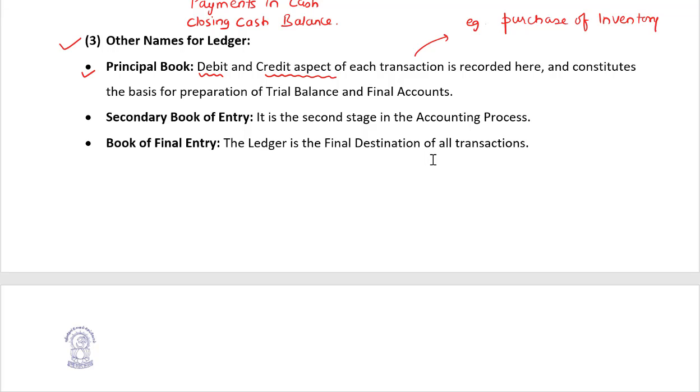When we purchase the inventory, what would be the journal entry? Sorry, the journal entry would be purchase account debit and bank account credit.